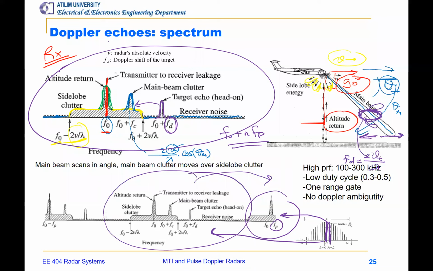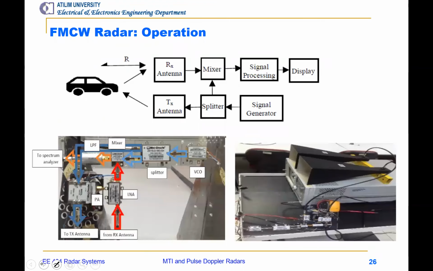And the objective of the system then is to detect this target echo, actually. And there are too many unexpected echoes coming from different interactions. Okay, so this was about how to apply the Doppler concept on an air platform and how to evaluate the spectral domain behavior of these signals.